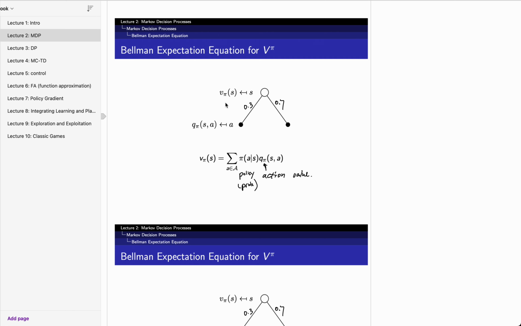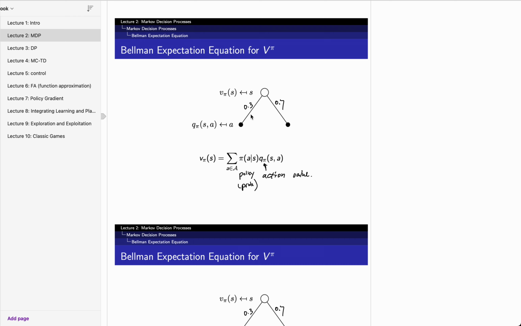Bellman expectation equation. So imagine you're at current state S, with 0.3 probability of taking action A, 0.7 probability of taking another action. So the state value function under the policy pi at current state S would be equal to the action value functions times the corresponding probability, which is governed by pi, and then sum it up.